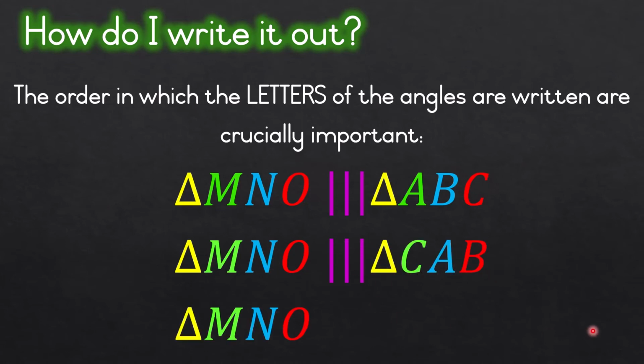And this also gives you a different set of information. So the green angle here, angle M, firstly it refers to angle A, then it refers to angle C, and then it refers to angle B. Depending on how I write my statement, it refers to a different angle every time. So it's important to know which one is the correct one and which one you need to use.